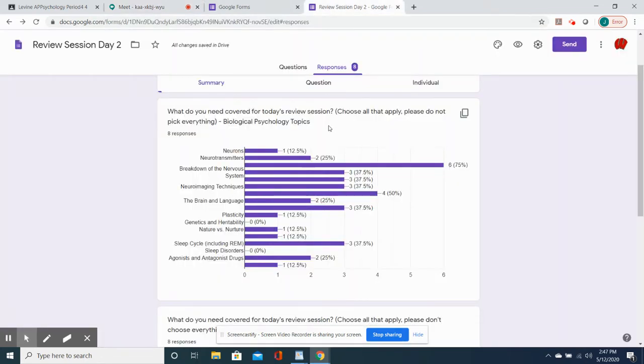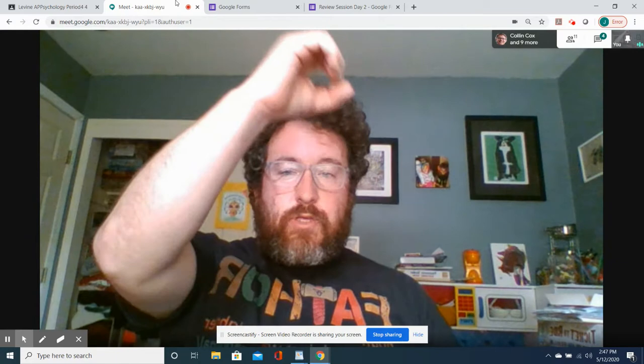All right, the next one is the breakdown of the nervous system. The nervous system is at the top. This is kind of like a hierarchy. It can be split into two parts: the central nervous system and the peripheral nervous system. The central nervous system can be split into two: the brain and the spinal cord.